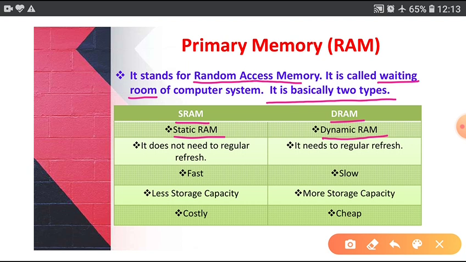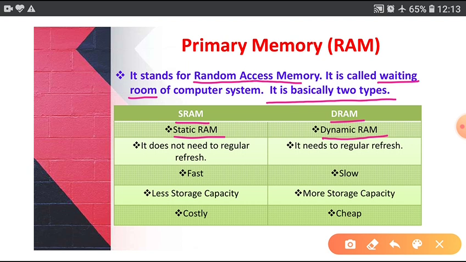RAM memory is called volatile memory. Whenever the power supply is interrupted, the data stored on the RAM chip will be erased.